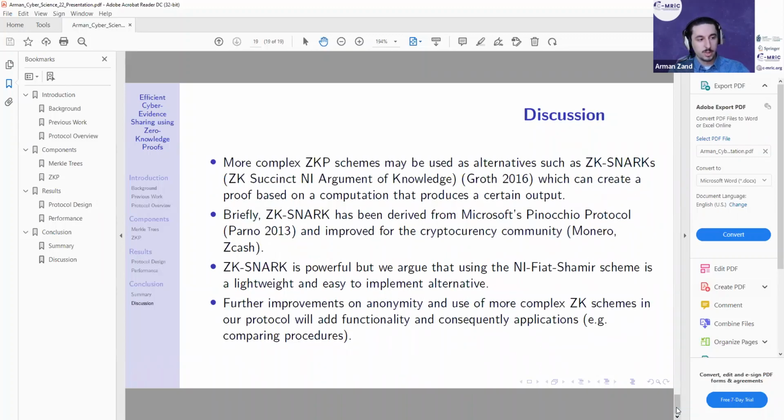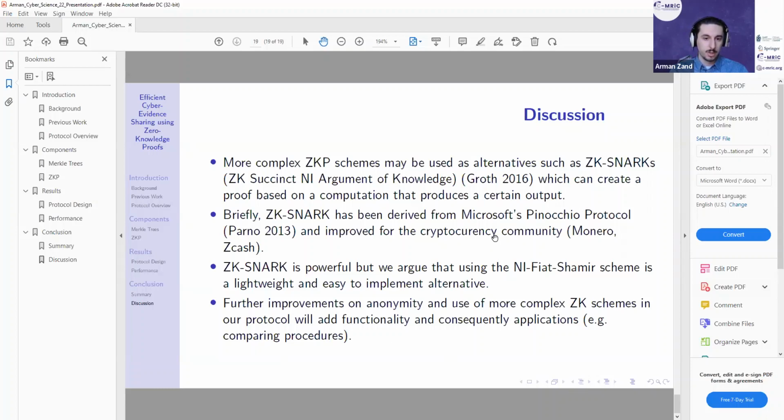But ZKP, the zero knowledge proof schemes themselves, are quite secure. So it's an improved security over the hashes, as we've mentioned before. And the disclosure of information is something to be less worried about.